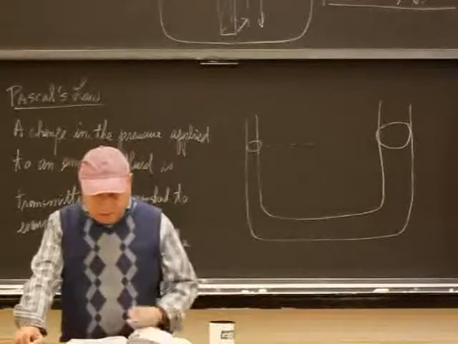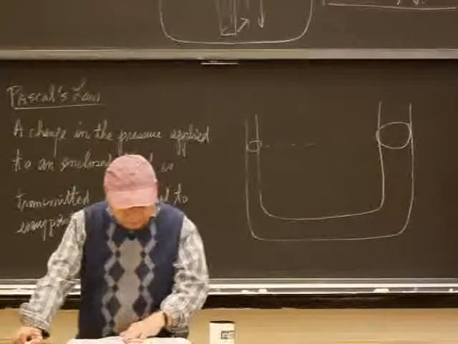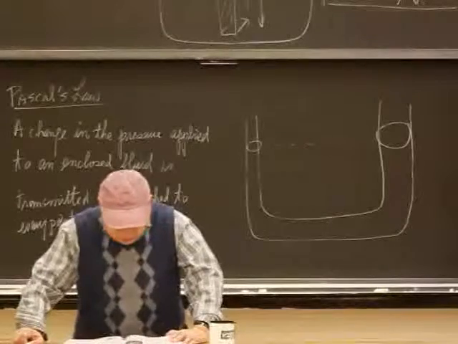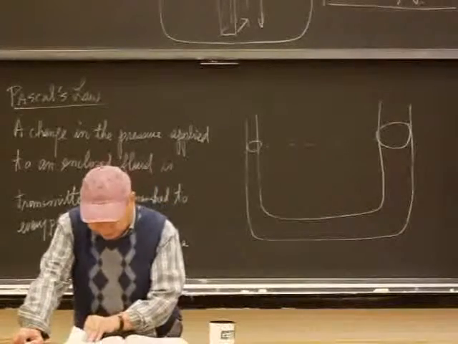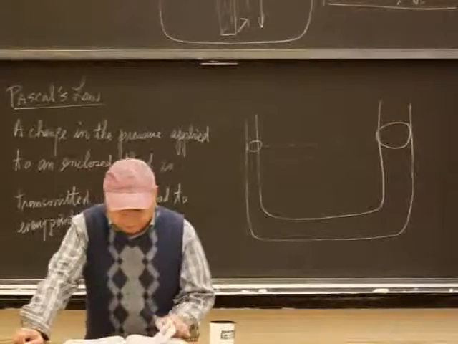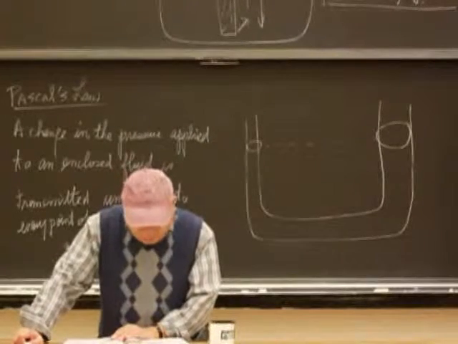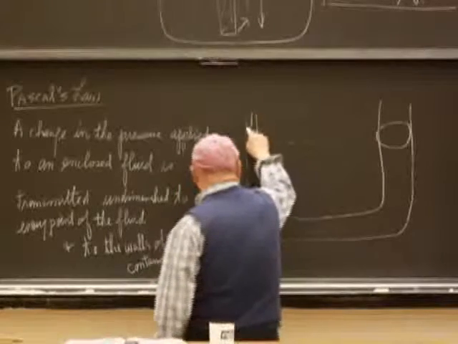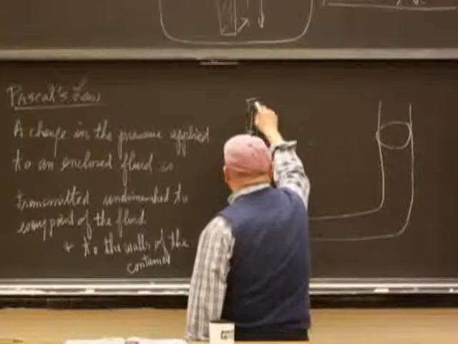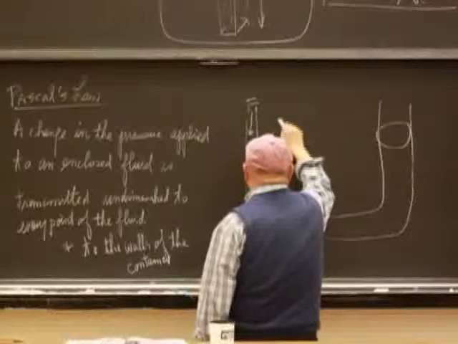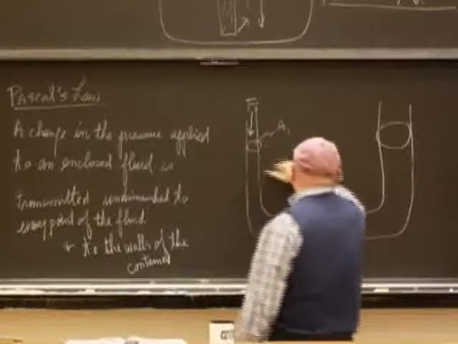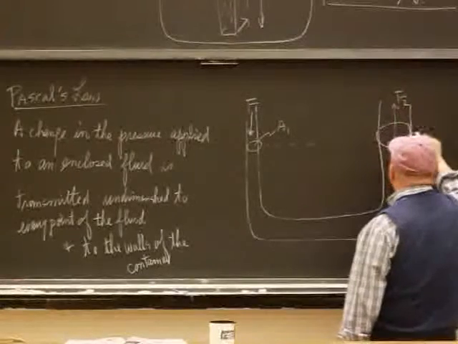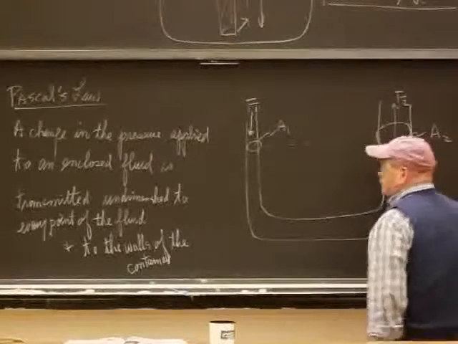Then we have something applied to it, the force is being changed. So we apply the force to the area. What we apply here is F1, and the area is A1. Then the force coming out is F2, and the area is A2.